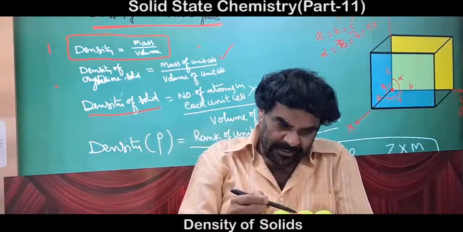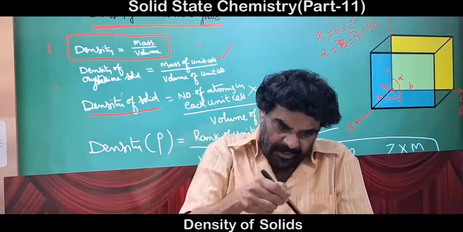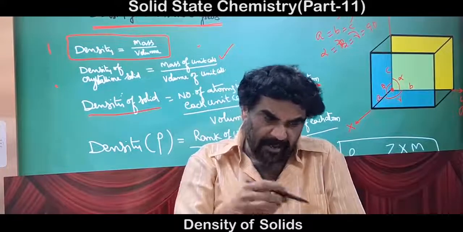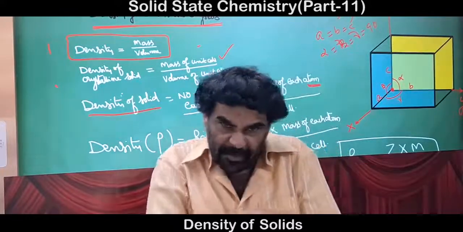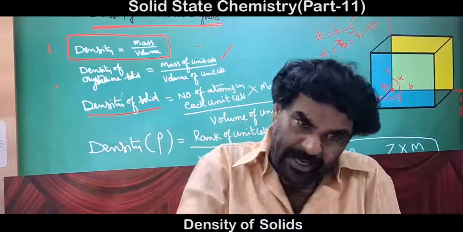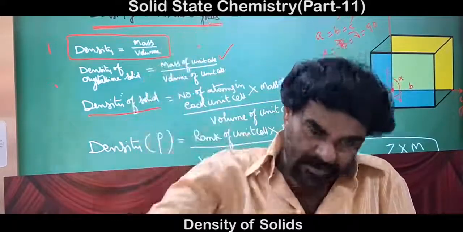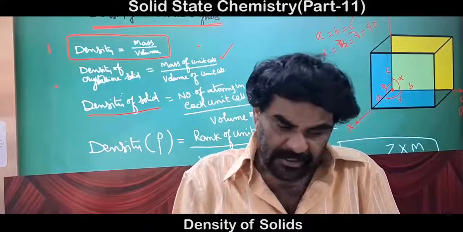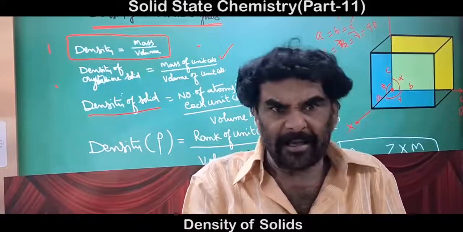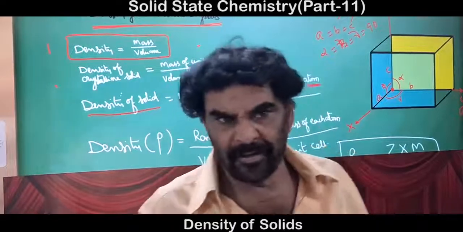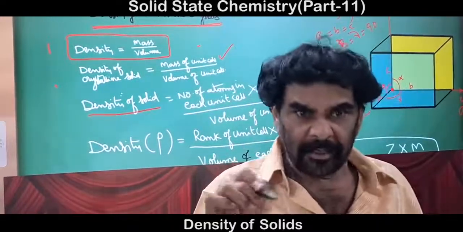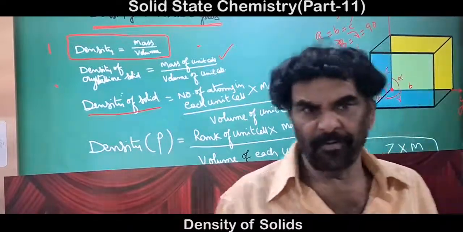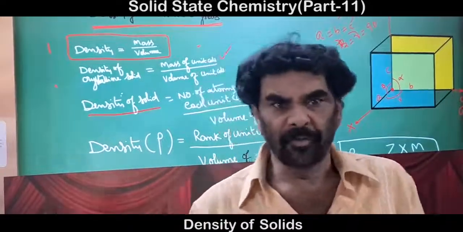Between them there are 6 equilateral triangles, and this is the area of the base. So the area of the base into the height, normally the C height, gives the volume. The area of an equilateral triangle is root 3 by 4 A squared.